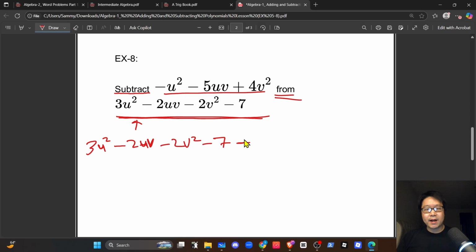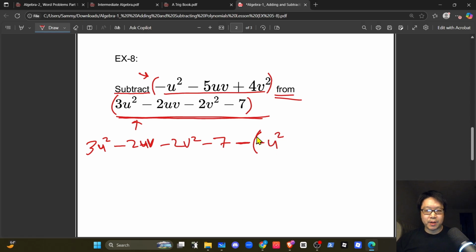When you're subtracting polynomials, obviously you have to use this negative sign or subtraction symbol. But what's happening is we're subtracting this whole thing from this whole thing, which means we have to surround this polynomial with parentheses in order to not make any mistakes. So let's go ahead and do that.